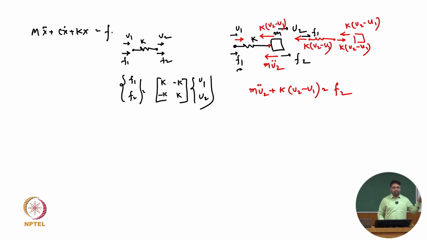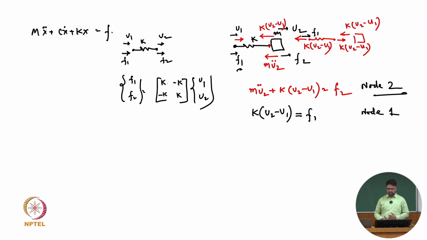So this is the balance at node 2. What about node 1? Node 1 will be k into (u2 minus u1) equal to F1. Am I right? Okay, good.